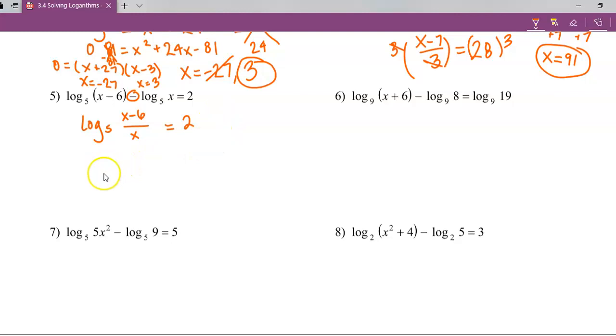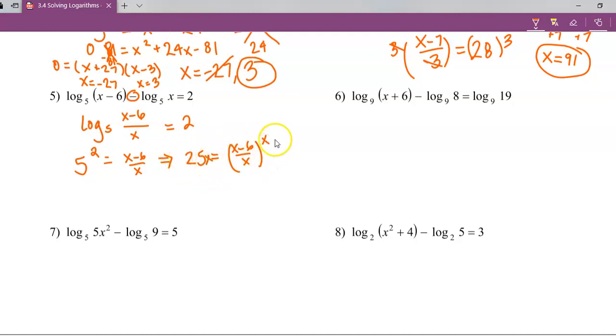And now I can change forms. So the base would be 5, and the exponent would be 2. So 5 squared equals x minus 6 over x, which simplifies to 25 equals x minus 6 over x, just squaring the 5 there. Now I need to get x out of the denominator, so I'm going to start by multiplying both sides of the equation by x.